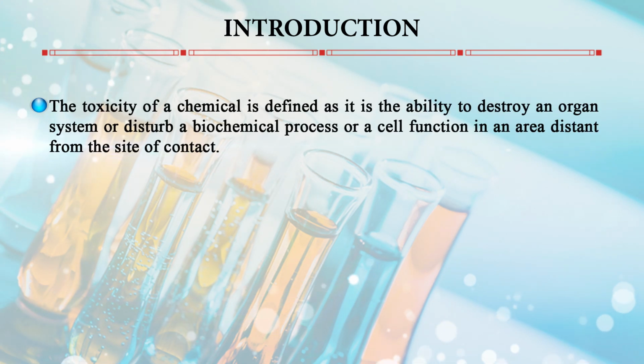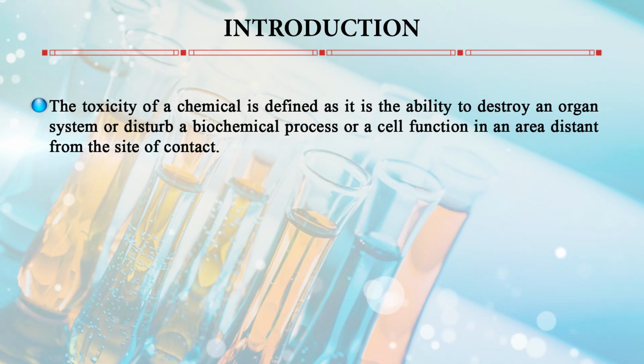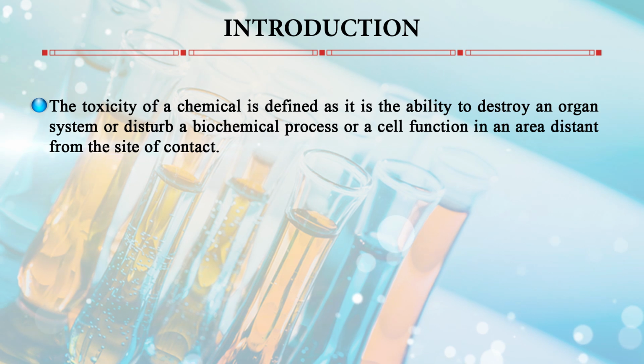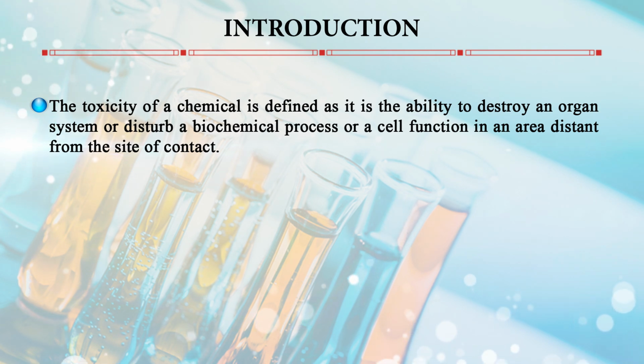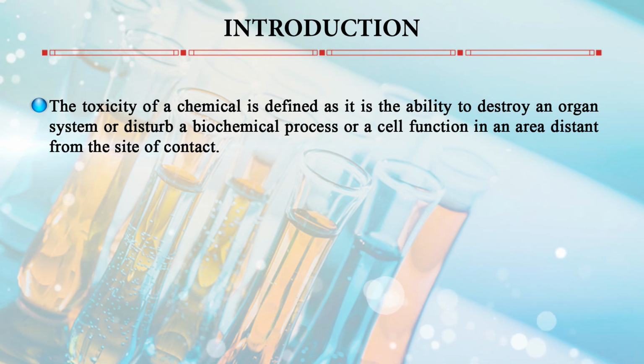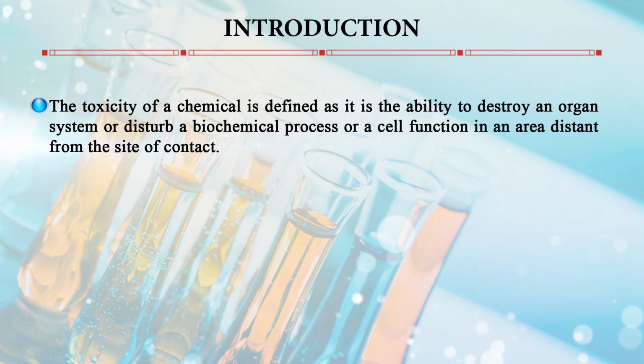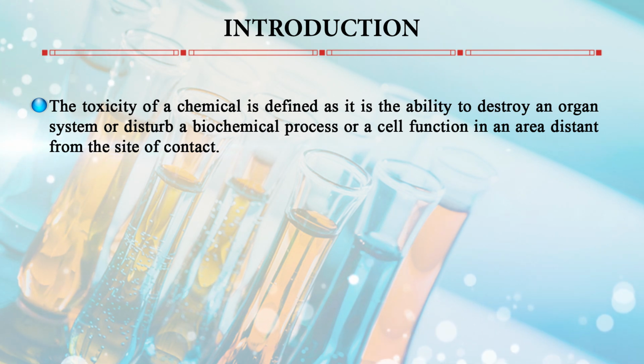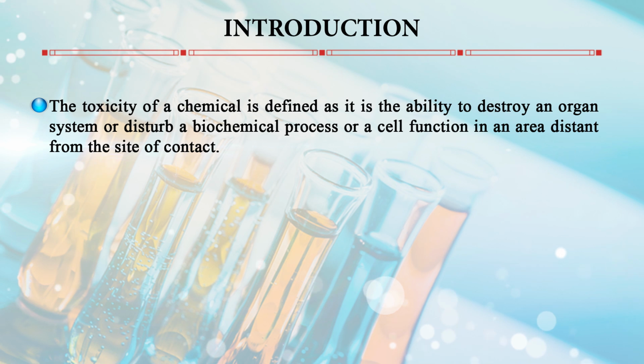The toxicity of a chemical is defined as its ability to destroy an organ system, or disturb a biochemical process or a cell function, in an area at a distance from the site of contact.